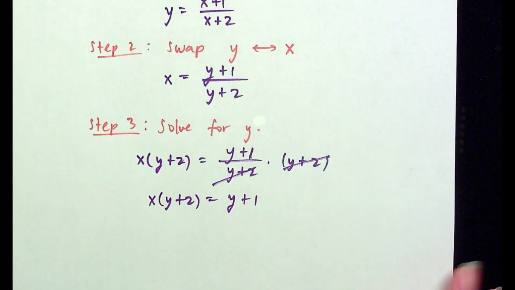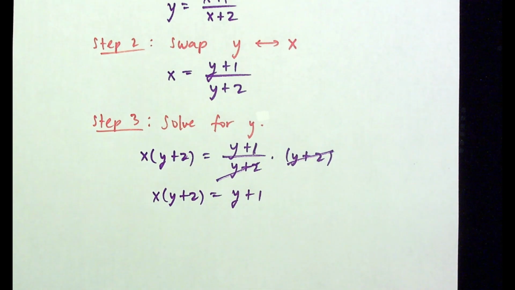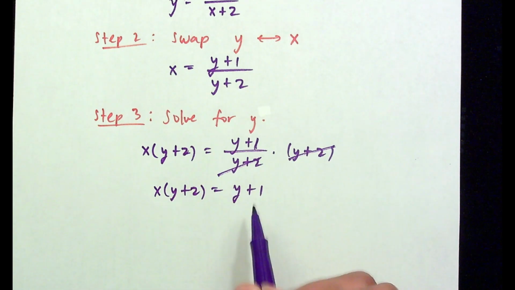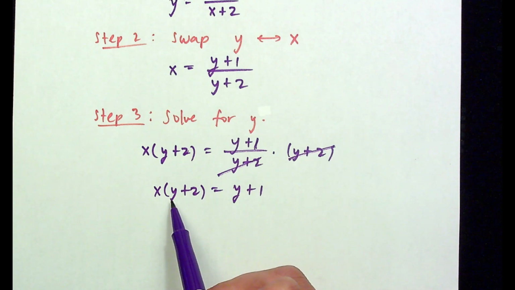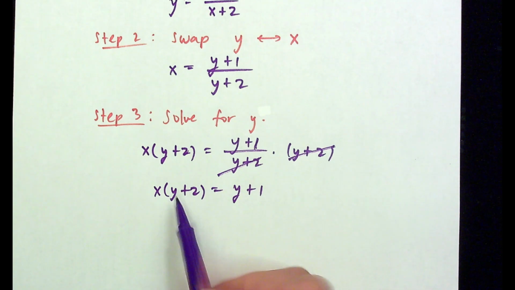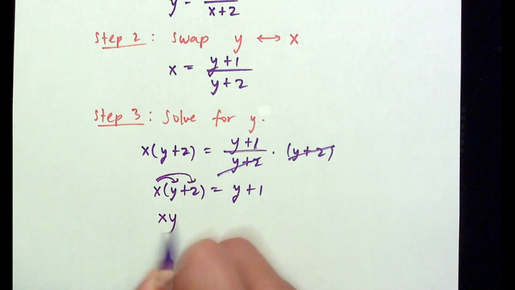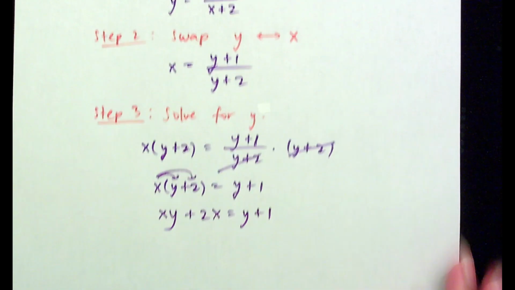Now we want all the y's on the same side, because we're trying to solve for y. Before we can do that, we need to get this y out of the parentheses, so we distribute. This is xy plus 2x equals y plus 1.